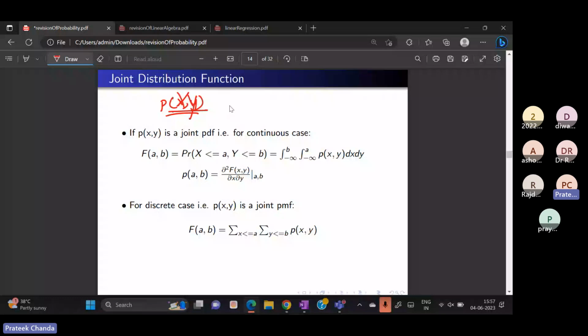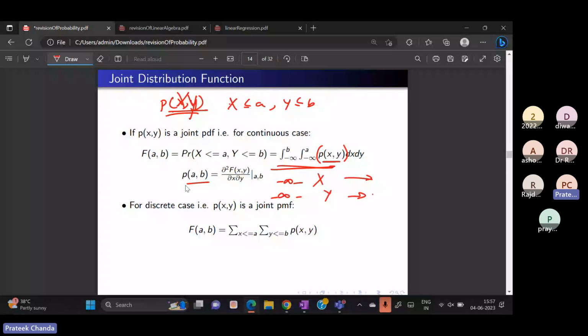Hence, I can define it as a double integral over the joint distribution P of X comma Y, ranging from minus infinity to A and minus infinity to B, assuming X takes values from minus infinity to some upper bound, and similarly for Y. And again, if I want to get back the PDF here, I would have to take a double partial derivative, since we have a double integration here.